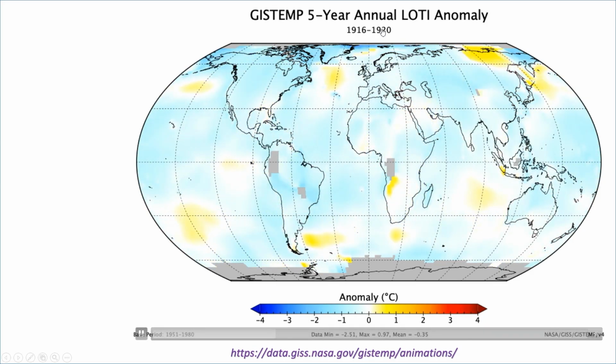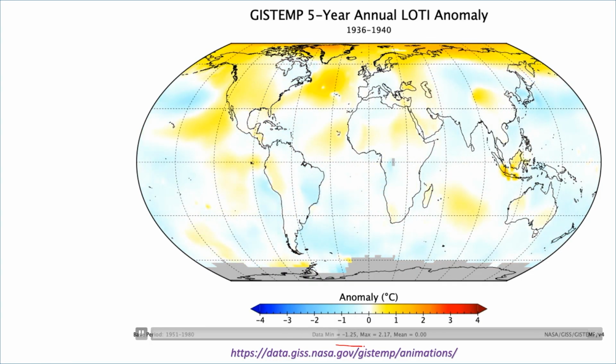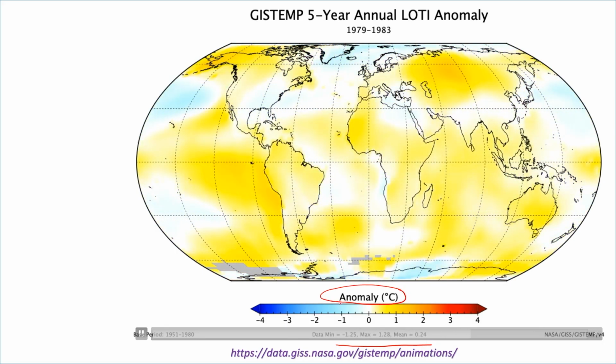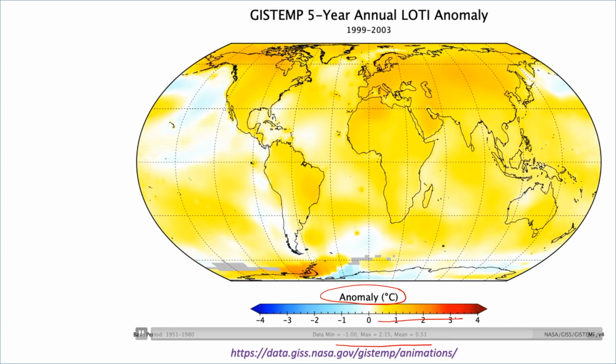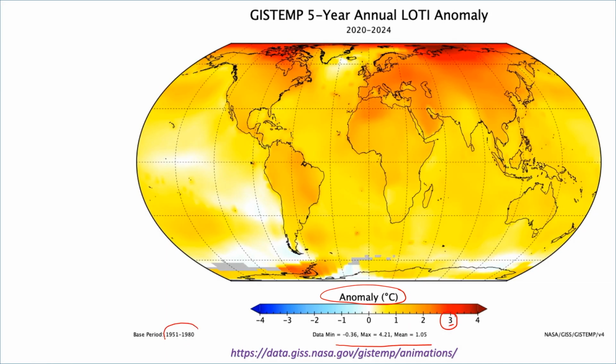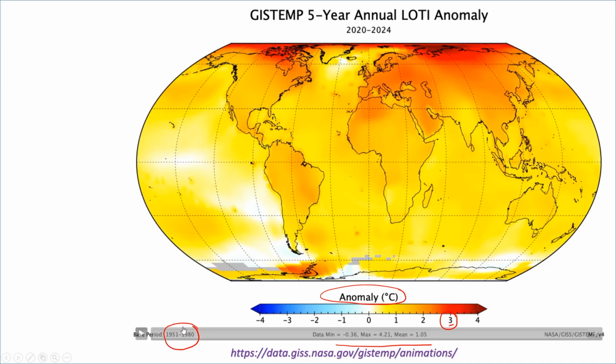So, you can see here this is the year, right, and the minimum maximum is written here. So, how it is changing over the time, and remember this is the anomaly in degree Celsius. So, these colors are representing this anomaly and this value can be considered. Now, it is going high, that means change is in the order of 3 degrees Celsius, right, and its base period is 1951 to 1980.